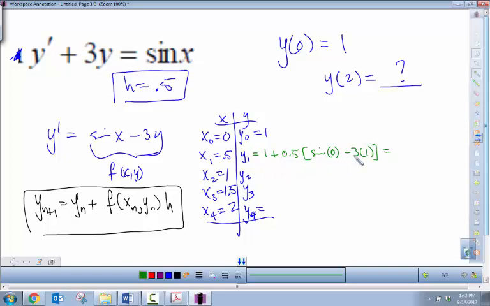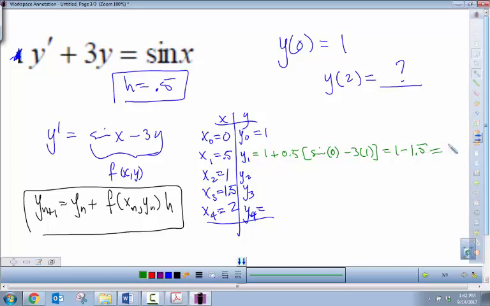So this is 1 plus 0.5 times the sine of 0 minus 3 times 1, which is 1 minus 1.5.